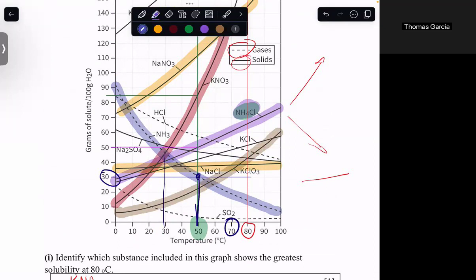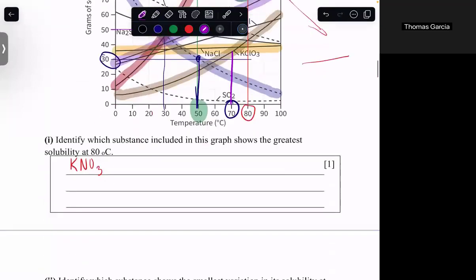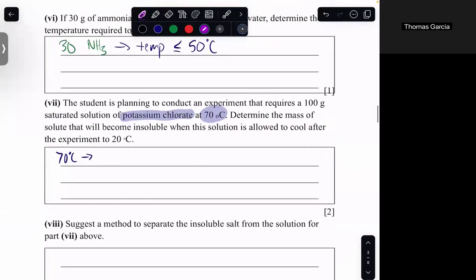So at 70 degrees Celsius, we have about 35 grams of KClO3, and this is with 100 grams water. We got to keep that in check. So our saturated solution is 35 grams KClO3, 100 grams of water.